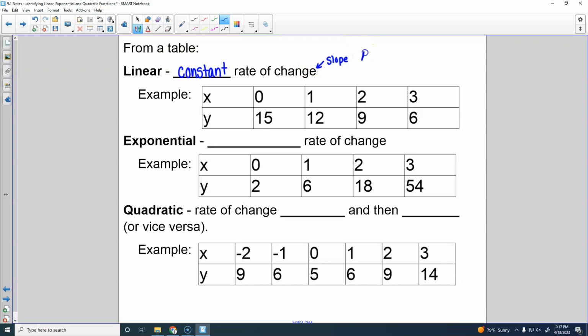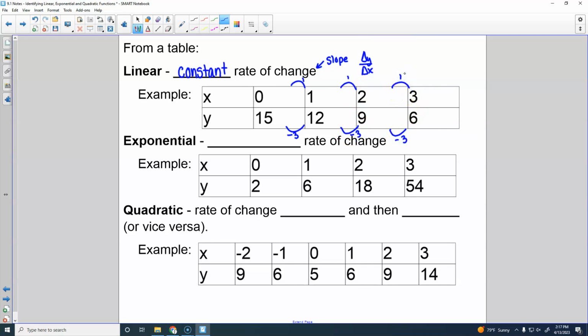It is your change in y over your change in x. So, for example, on this table, this goes down by 3. This goes up by 1. Down 3. Up by 1. Down 3. Up by 1.